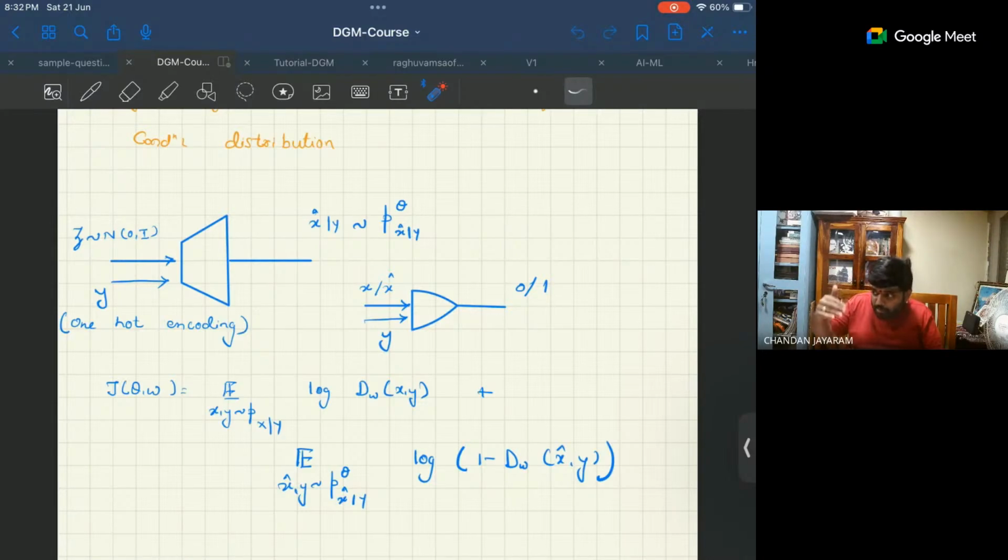It will come down the line. In the coming weeks, there is something called FID scores, using which you will be able to measure the goodness of generation.